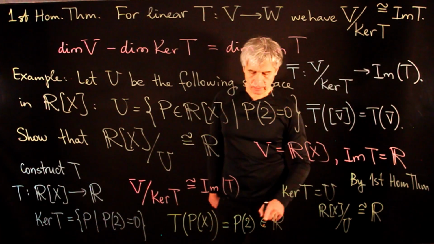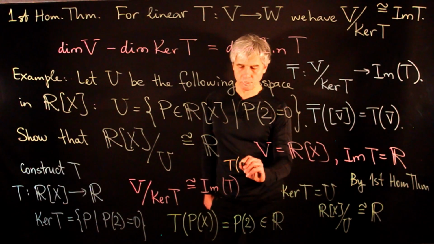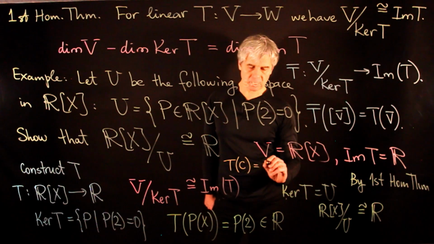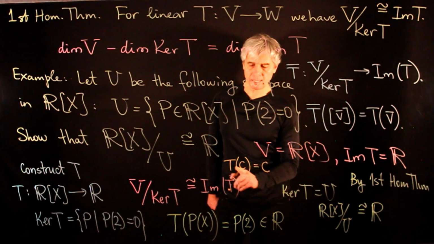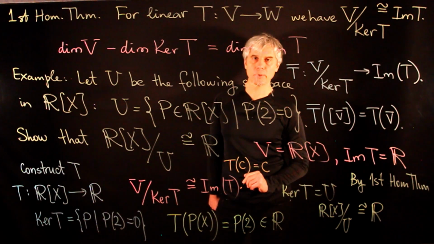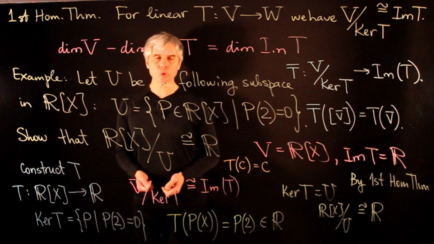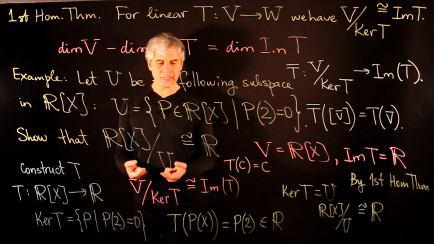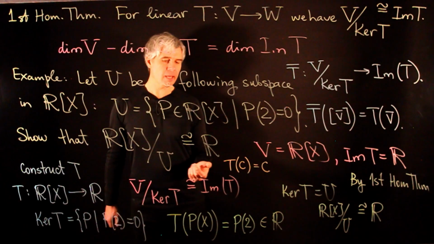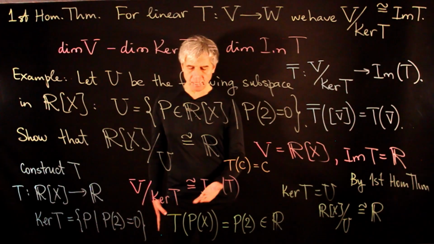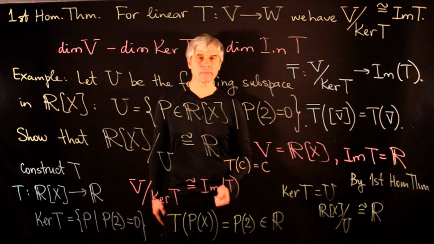And it's clear that this constructed transformation is surjective, because it transforms a constant polynomial C into the same constant value. So any real number can be obtained as a value of linear transformation T. Recapping this example: we use the first homomorphism theorem to find explicit realizations of abstract quotient spaces, and we do this by constructing linear transformations that have the required properties.